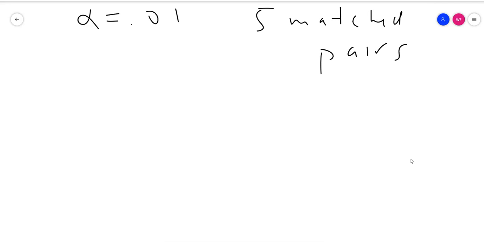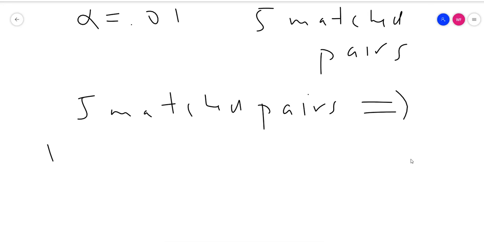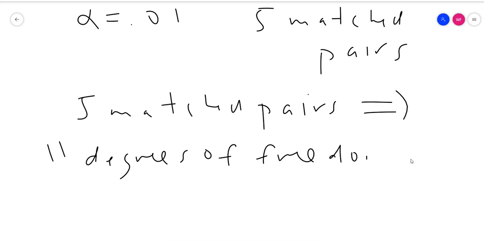Well, the picture looks like that picture before, but because there are 5 matched pairs, the degrees of freedom, or sometimes DF, is always going to be 1 less than the number of matched pairs. So in this example, the degrees of freedom would be equal to 4.